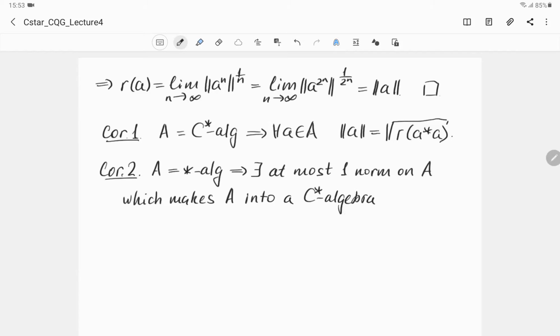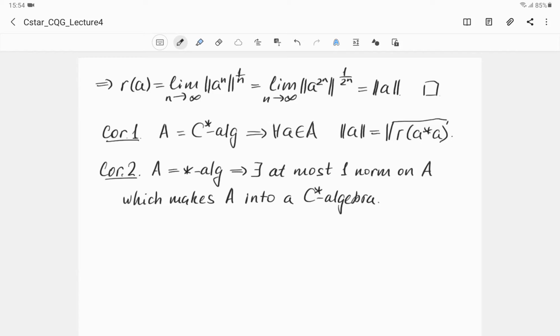Of course, I don't claim that such a norm always exists. There are some obstacles, but if such a norm exists, then it is unique. Again, the completeness here is essential. So I don't claim that there is at most one C-star norm on A. And this will be essential when we discuss tensor products of C-star algebras.